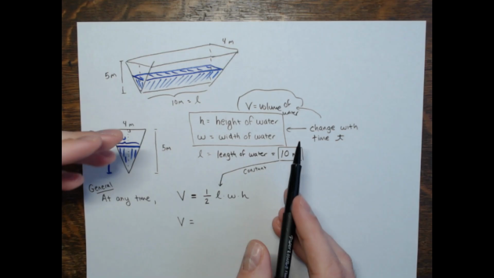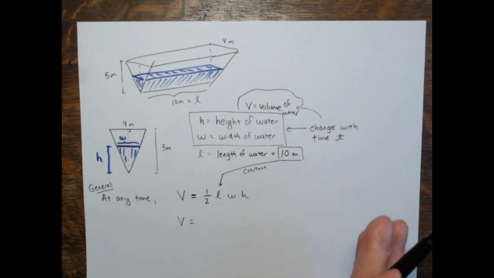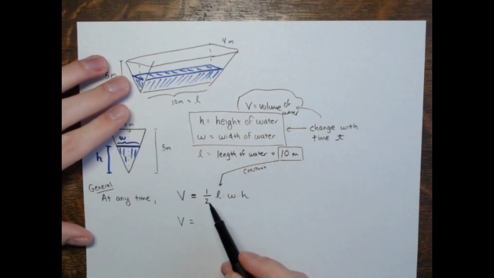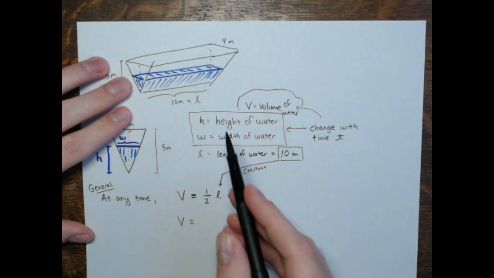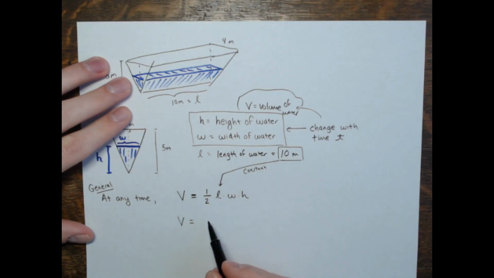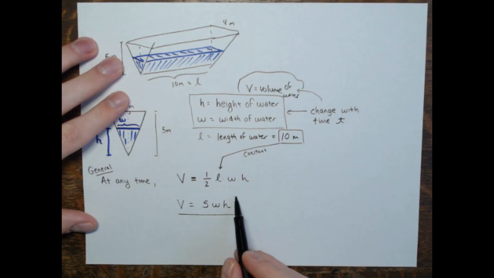I want to establish a relationship between all the quantities that actually change as time goes on. So as time goes on, the volume of the water in this trough will be half of 10, so 5 times W times H. And this is the equation I care about.